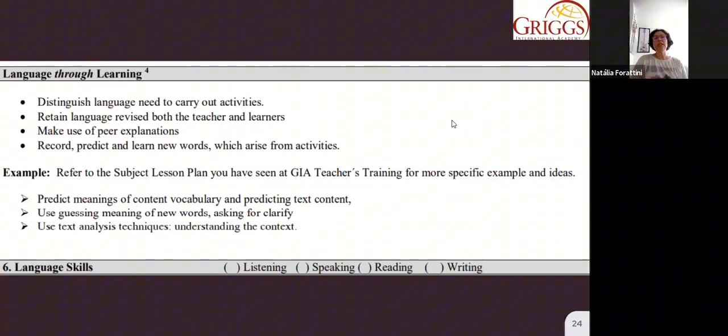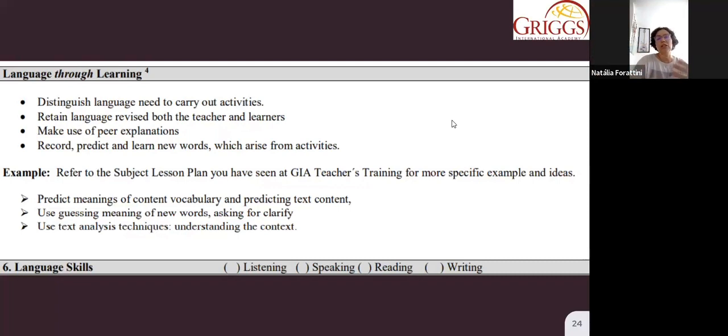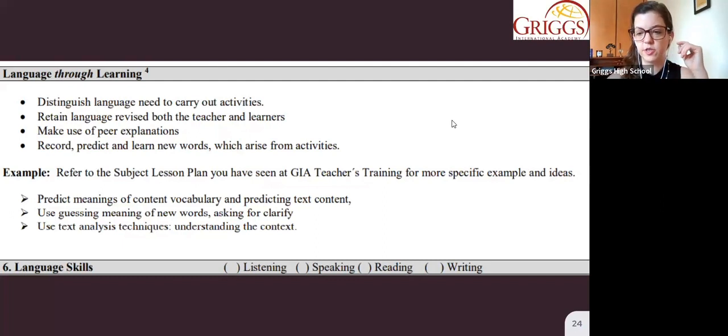So basically having a strategy in which first they look for general ideas and then more specific ideas, and after that we discuss vocabulary to help them develop strategies in dealing with words they don't know. Thank you very much, Natalia. So bringing synonyms, getting words from context.